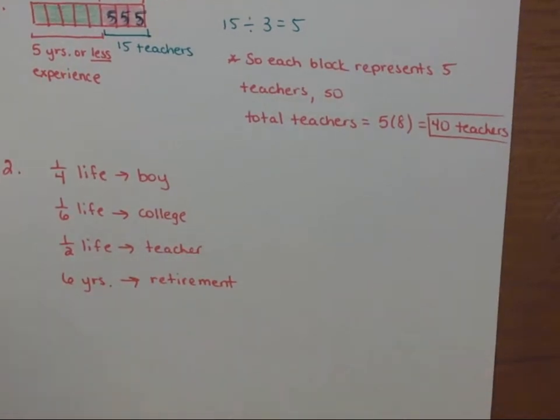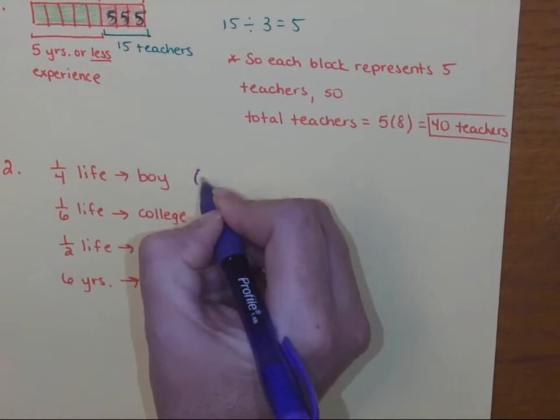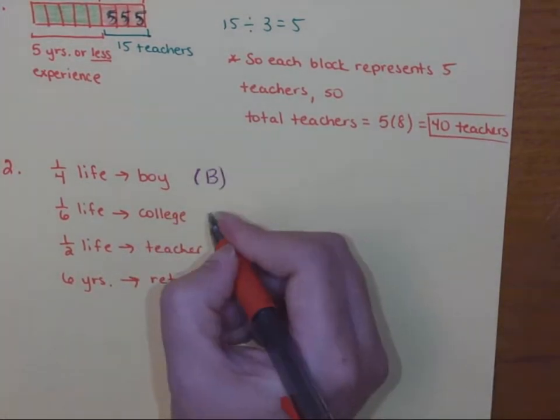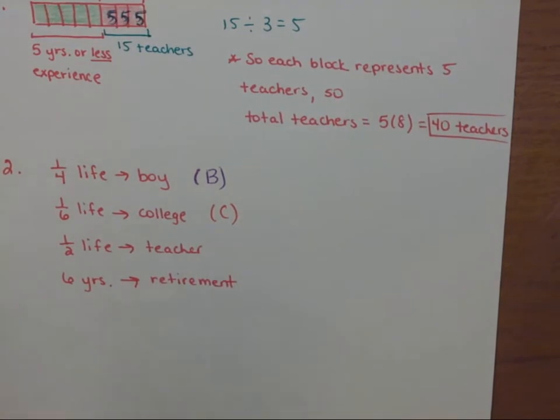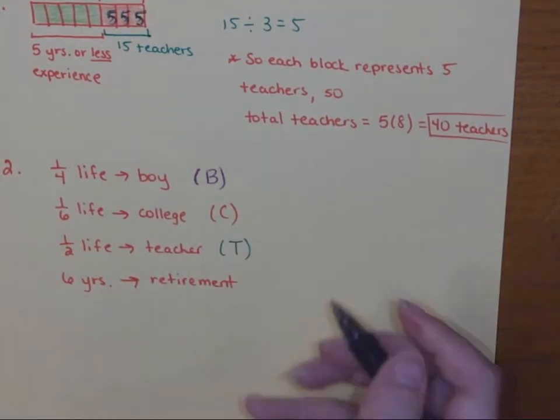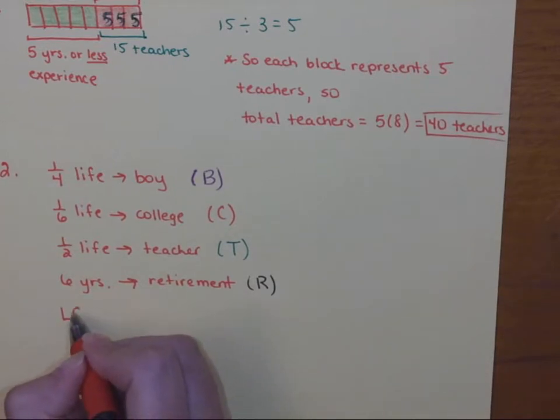Okay, so the first thing we're going to do is come up with some abbreviations to talk about all of his different stages of life. So for boy, we're going to use capital B. For college, we're going to use C. For teacher, we're going to use T. And obviously retirement, we're going to use R. Okay, so if we want to draw a picture of a fraction, we would need to find the LCD.